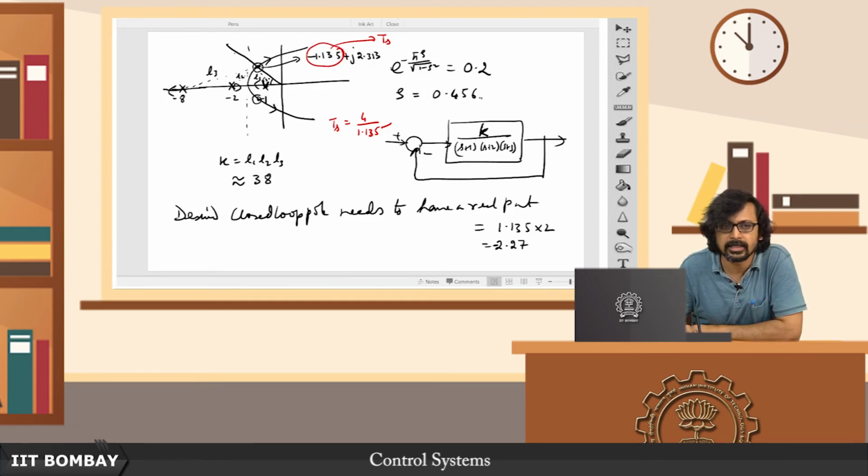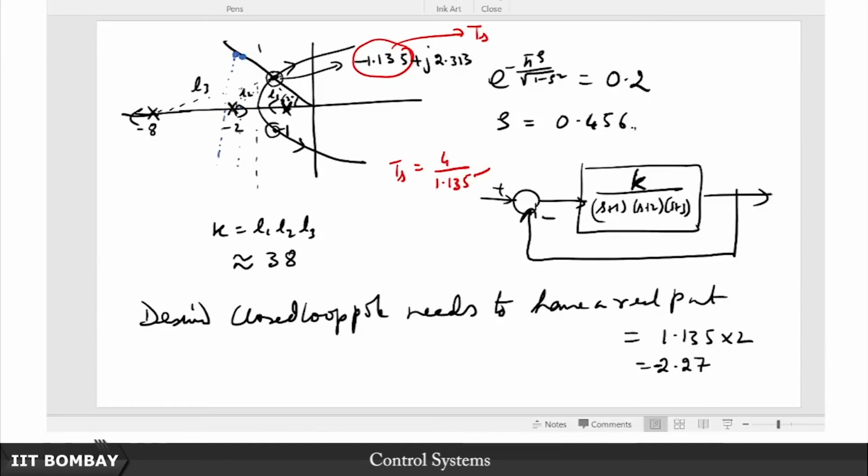Let me locate that over here, a little to the left of 2. So this is crossing at minus 2.27.